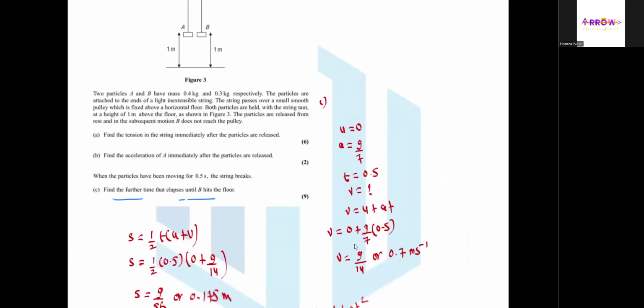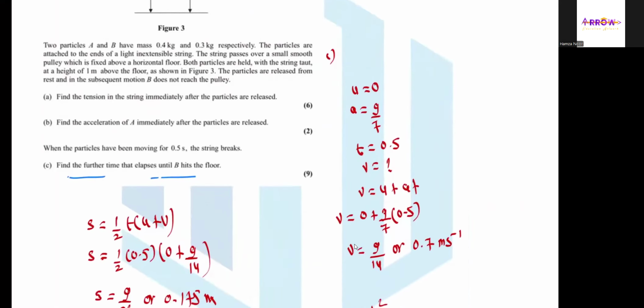So we are concerned about the first 0.5 seconds only. Before the string cuts, acceleration would be g over 7, which we have found in part B, and the system is released from rest. So initial velocity would be 0, and time duration is 0.5 seconds. We want to find the speed over here. So v is equal to u plus at. So v is equal to g over 14, or you can simply say 0.7 meters per second.